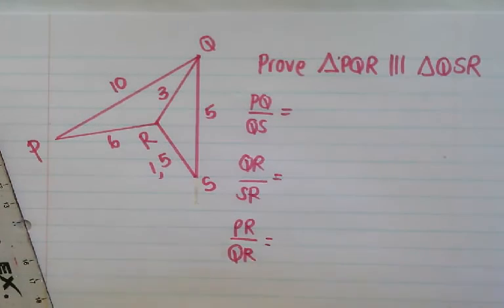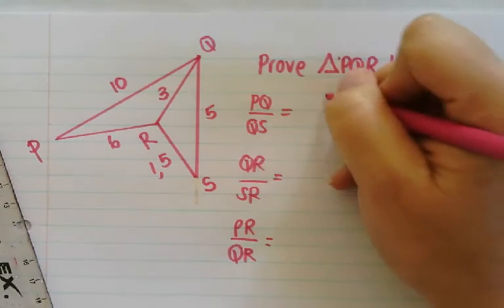So now I just need to substitute the numbers. Please note, grade 9s, I did not look at the picture, I looked at the names to find the sides. Because if you look at the picture, I promise you're going to try and make QR divided by QR, which is not a corresponding side. I used the name of the triangles.